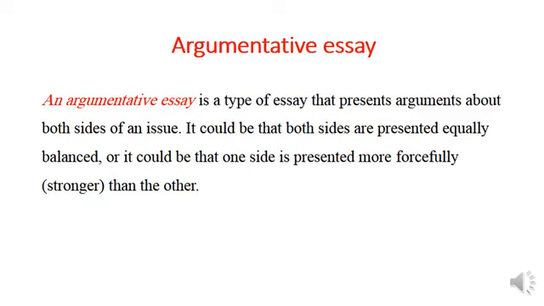So let's say you support the theory of global warming and someone else does not. You have to provide reasons why you support global warming, and also evidence, let's say research papers or any very reliable information with which you can support your claim.